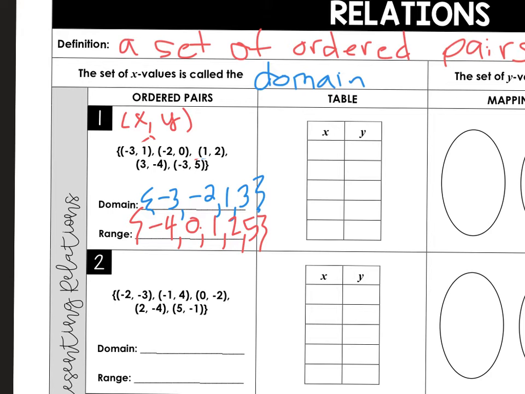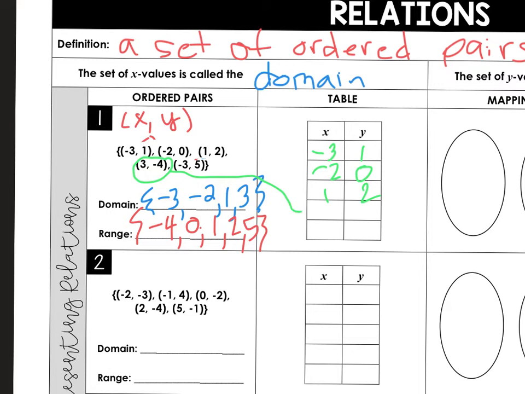And we're going to put it into this table. So we're going to put the x values into the table with the corresponding y value. Okay, so we are going to do -3. What's the y value that goes with that first? It's a 1. We have -2, 0. We have 1, 2. So I got it. This is where I'm getting this from, right?